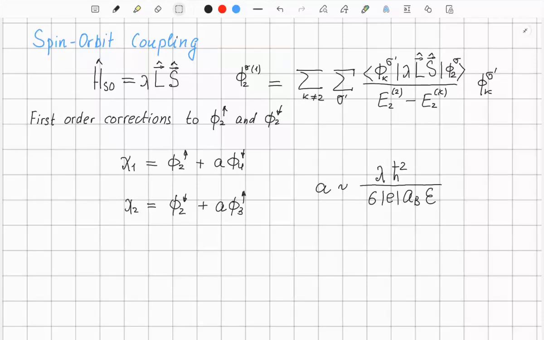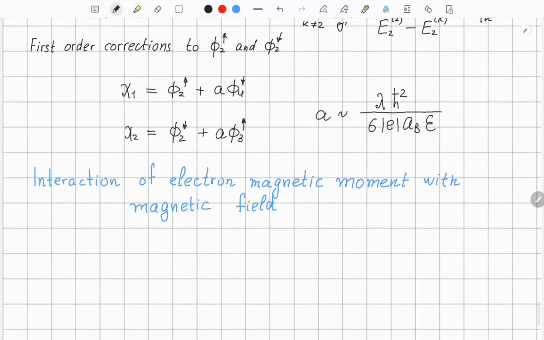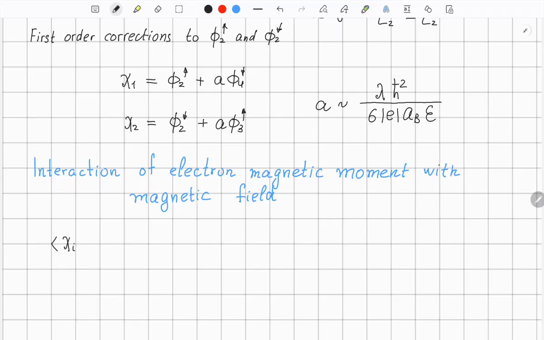Having specified the ground state wave functions, we can now proceed to analyze the interaction between the electron's magnetic moment and the magnetic field. As before, we need to calculate the matrix elements of the interaction Hamiltonian using the obtained corrected wave functions chi1 and chi2.